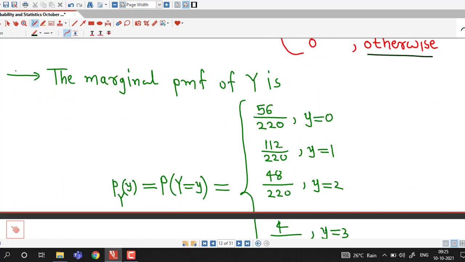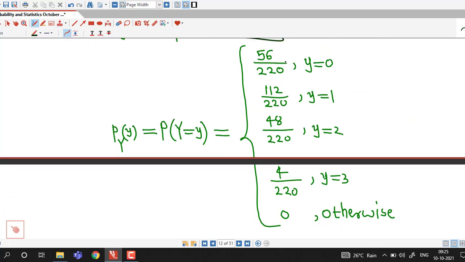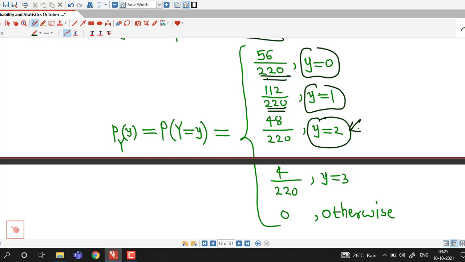Same thing for the marginal probability mass function of random variable y. The first value corresponds to the total in the column corresponding to y equal to 0. The second value corresponds to the total in the column corresponding to y equal to 1. If we add the values in the column corresponding to y equal to 2, we obtain this value, and for y equal to 3, the column total is 4 by 220.